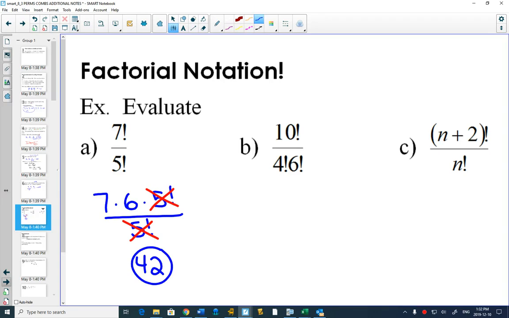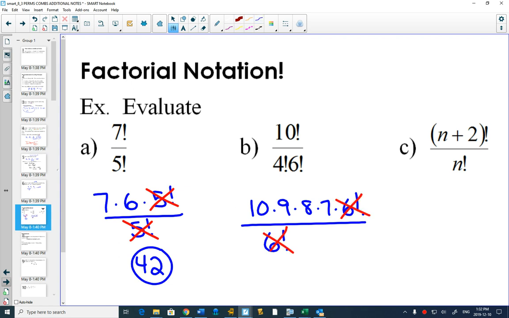Second one, what's the biggest one? 10. I go 10, 9, 8, 7. Get to 6. I'm going to stop there because I have a 6 factorial on the bottom. Those are going to cancel out. I also have a 4 factorial on the bottom, so I'm going to go 4 times 3 times 2 times 1. If this was without a calculator, can you see that 4 times 2 is 8? So those would simplify. And I'm switching colors because if you just look at this directly in your notes, you're going to be like, what did I do?